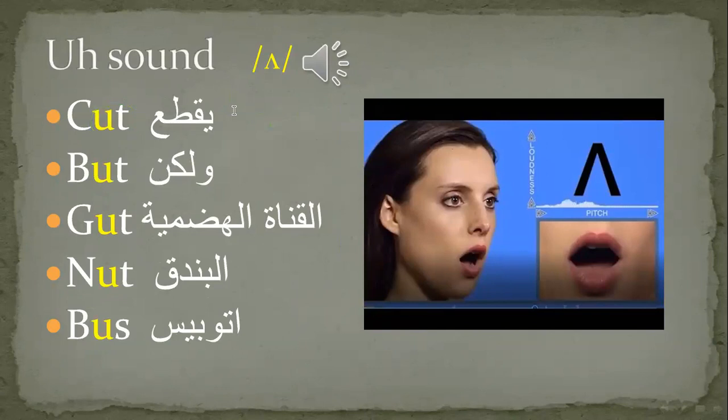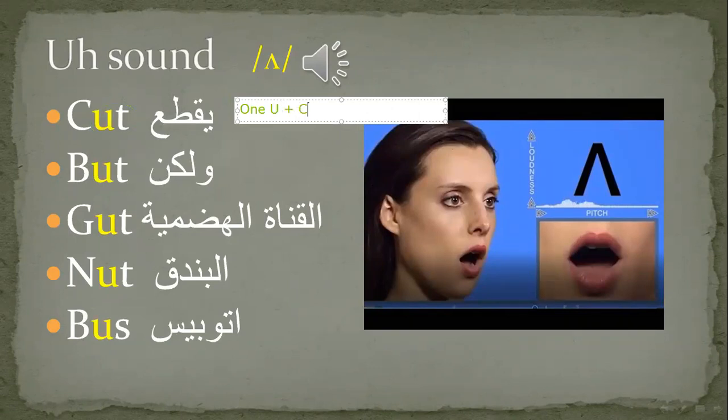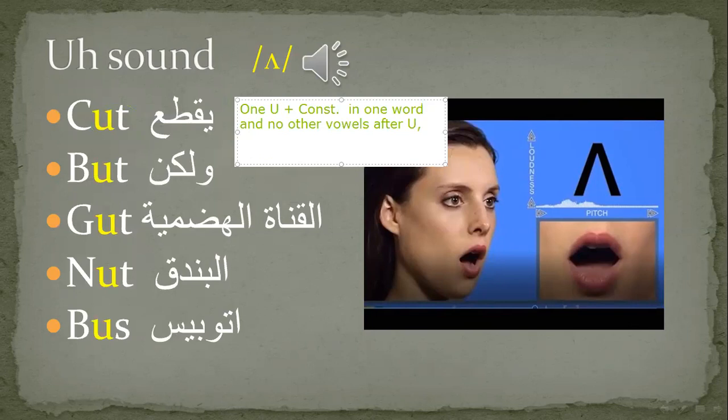So this U is usually pronounced as a short sound. Cuando tienes una U más consonante, generalmente el sonido es como tosiendo. U plus consonant like UT, UD, US, and so on.